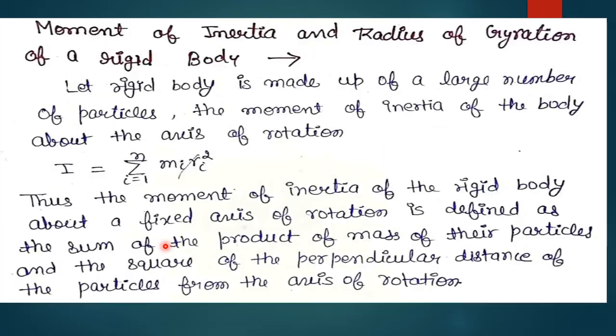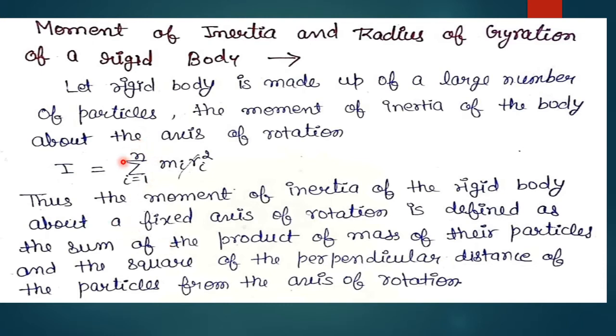Now, the next topic is moment of inertia and radius of gyration of a rigid body. Let a rigid body be made up of a large number of particles. The moment of inertia of the body about the axis of rotation will be I equals summation of mi ri square.